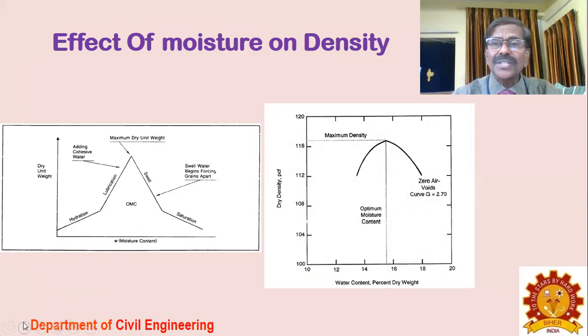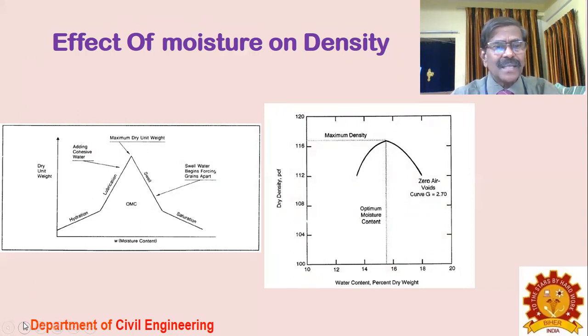Then the saturation will increase because of the moisture content, and it can be almost like a quicksand, or it can be a submerged soil. Swelling begins when water forces the grains apart. Adding cohesive water will shrink sometimes.